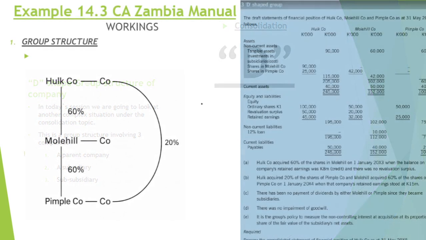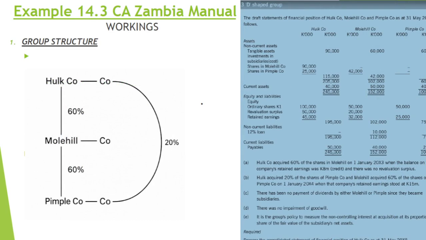So the example given here is where Hook company acquired shares in Mohill company. Later on, Mohill company acquired some shares in Pimpo company.